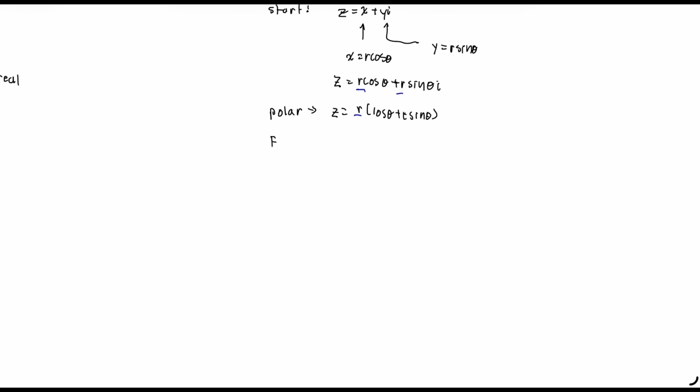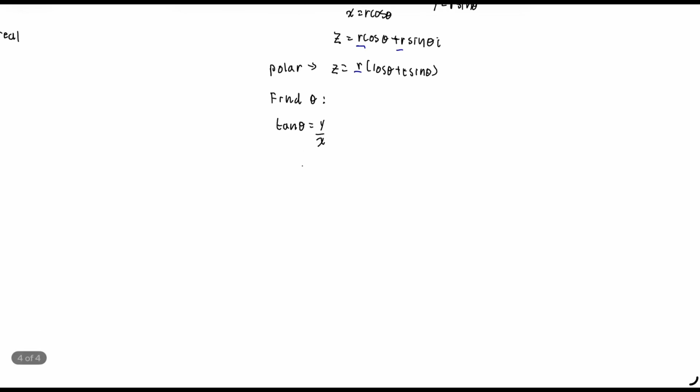Now, in order to find theta, our formula is tan theta equals y over x. So in order to get theta by itself, you have tan inverse of y over x.